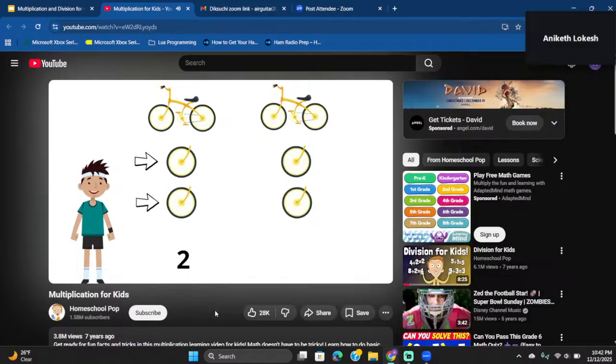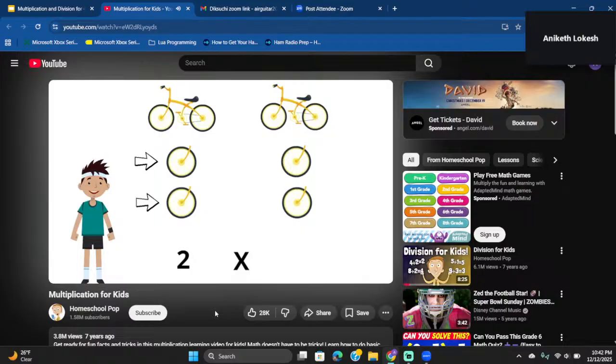Remember, the first number we write down with multiplication is the number in each group. Then we write an x. This x means times. It's the symbol of multiplication.